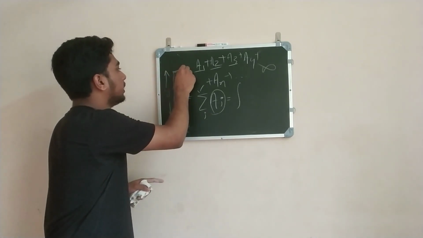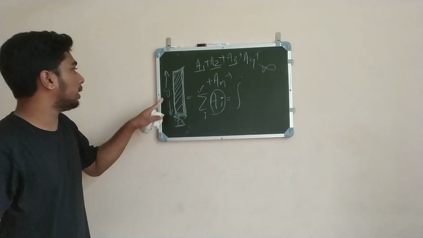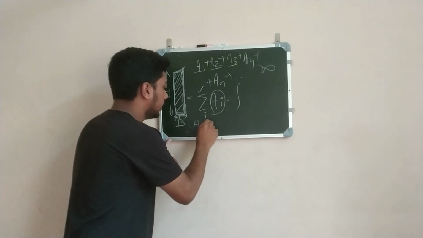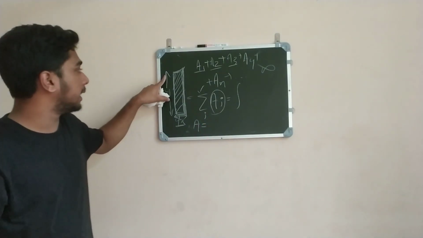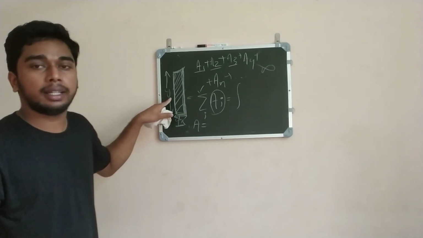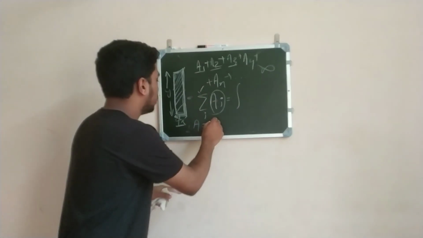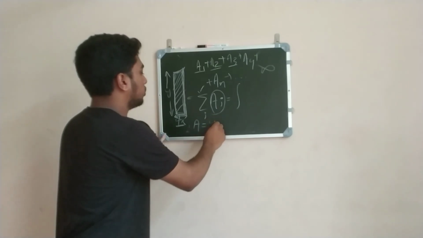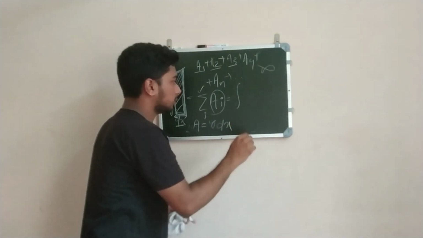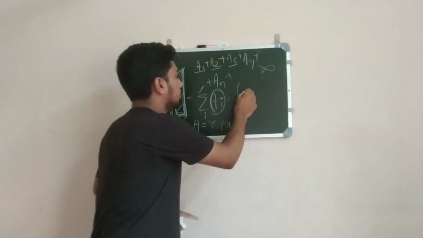If I consider this as a rectangle, then what will be the area of a rectangle? The area of a rectangle is length multiplied by width. Length is our y and width is dx. So the area is y dx.